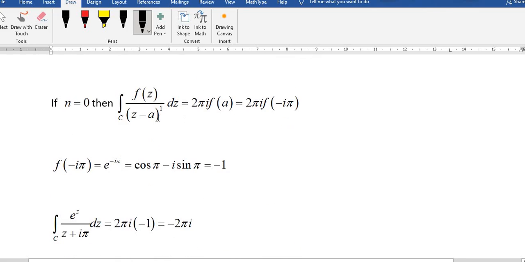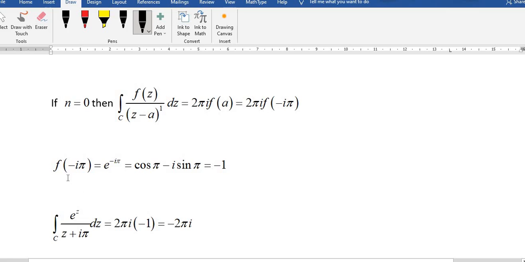So we get the integration over C of f of z by z minus a power 1 dz equal to 2 pi I f of a. 2 pi I as it is, and the value of a is minus I pi, so f of minus I pi.